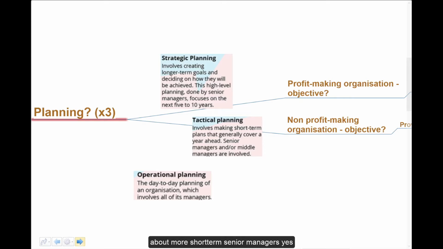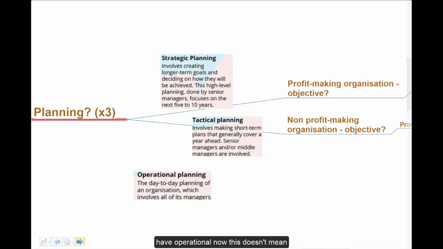This is about more short term. Senior managers, yes, but also middle level managers would be involved here. In terms of timescales, probably you're looking at round about 2 to 5 years or 3 to 5 years or thereabouts. So that's sort of middle level, if you will.